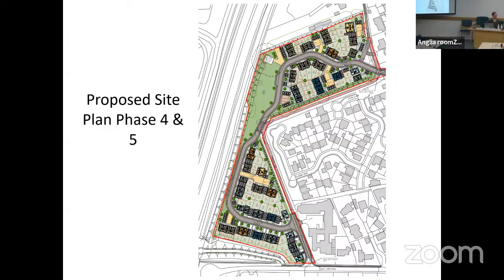Just in terms of summary and conclusions, obviously the proposals before us provide 7 additional units within a sustainable location, within a market town that's allocated for significant growth in the local plan. Significant weight is given to the 100% affordable housing scheme in terms of the provision of social benefits, and the greater number of smaller bed units to meet the need within the district in terms of housing provision.